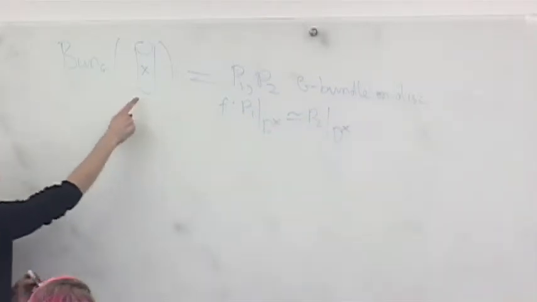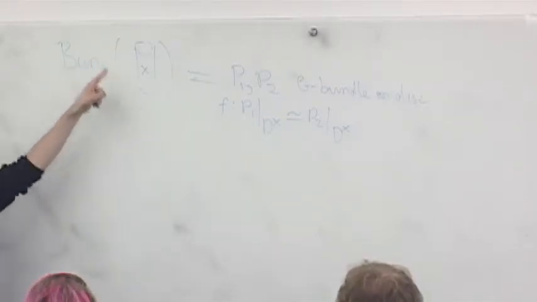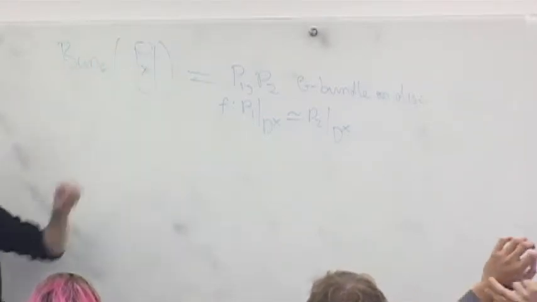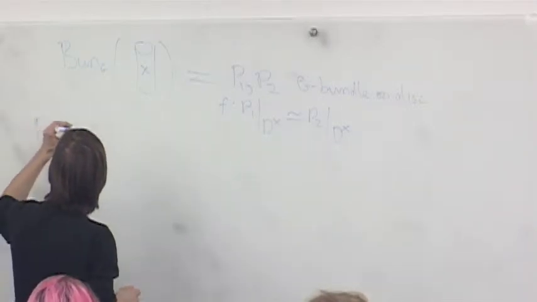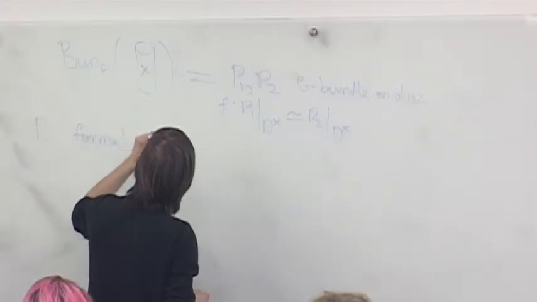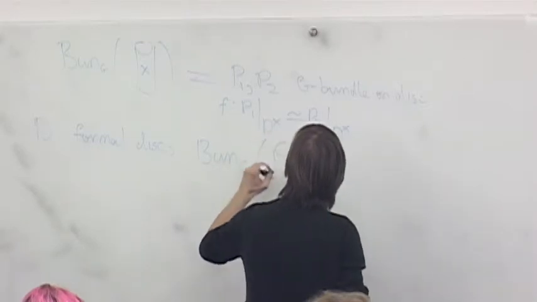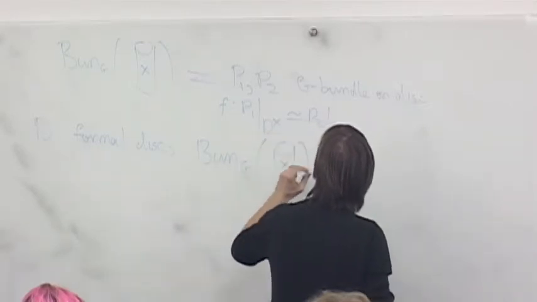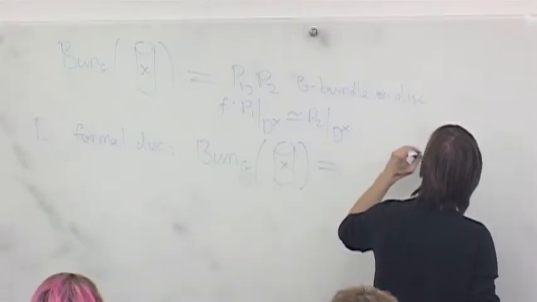I have a G bundle on the bottom, a G bundle on the top. Parallel transport in the vertical direction gives me an isomorphism which might have a pole. So if D is the formal disk, then this is equal to this quotient.